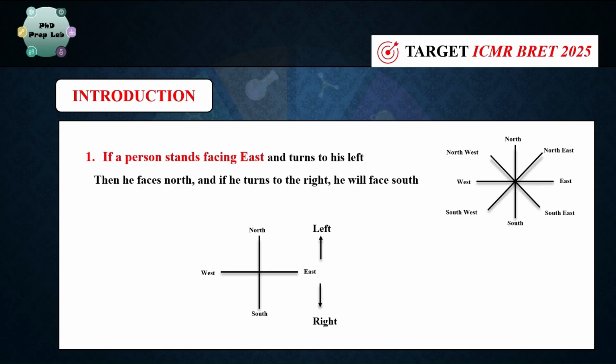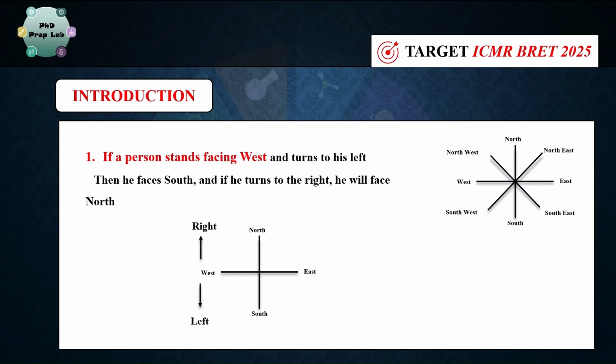For example, if a person is facing east, when he turns to his left, he's facing north, and when he turns to the right, he faces south. That's how it's mentioned in the questions we see in the exam.